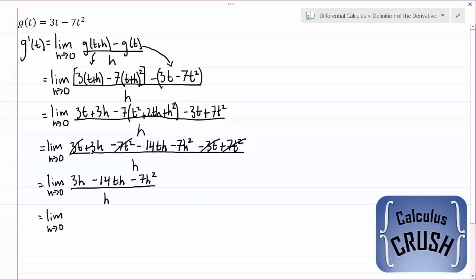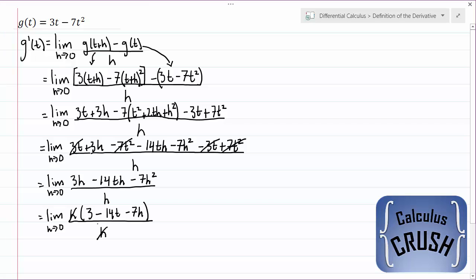So now we notice that all three terms up top have an h. So let's factor out an h from the top. And we end up with 3 minus 14t minus 7h, all divided by h. Now this is the important step in all of these problems. What you're trying to do is basically cancel out an h over h.